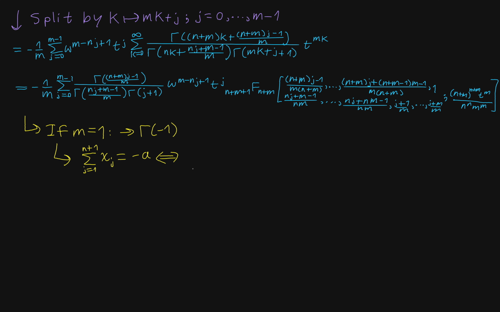So that means that we can solve for this last one, xn plus 1, in terms of minus a minus the sum from j equals 1 to n of xj. And these things are still calculated the same way as we showed before for the first batch. But this seems to be the only special case because there are no other issues with singularities if m is greater than 1, like the arguments will be strictly negative and fractional, or they will be strictly positive and well defined for the gamma function.